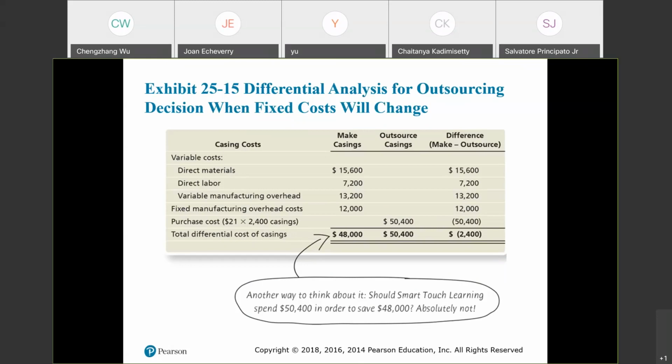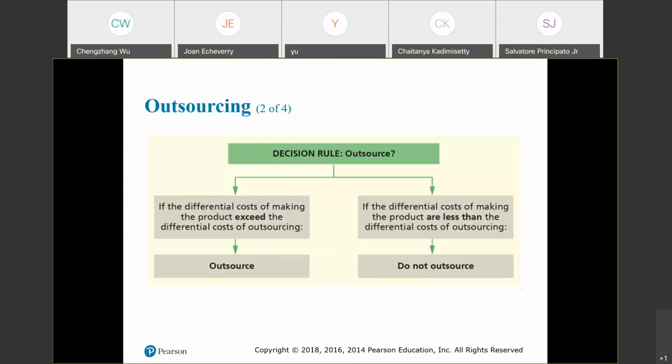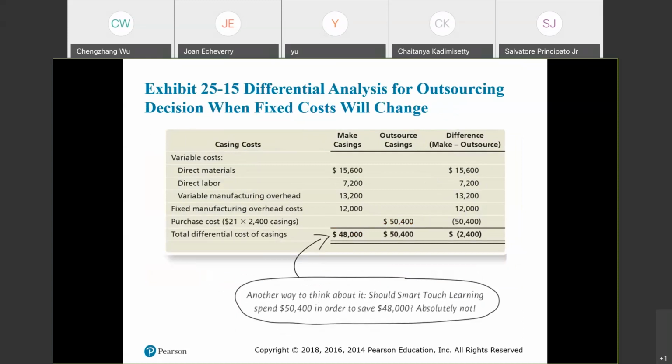The company should continue to make its own case.